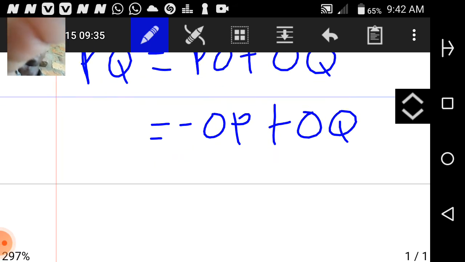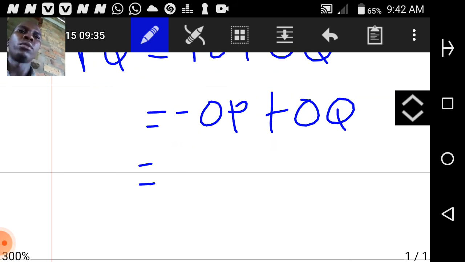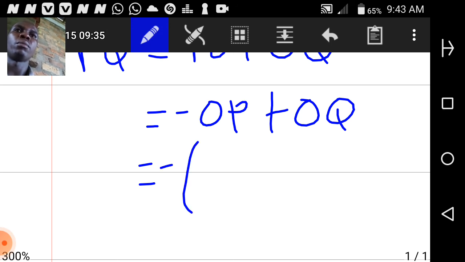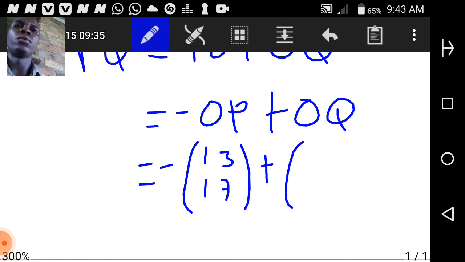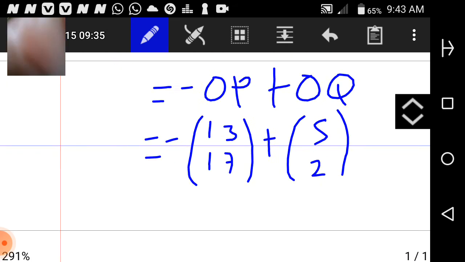We can now substitute. Our OP is (13, 17), then plus OQ, which is (5, 2).